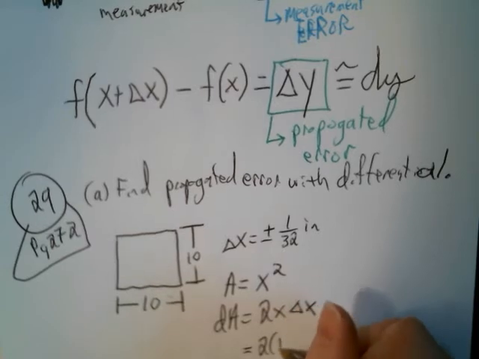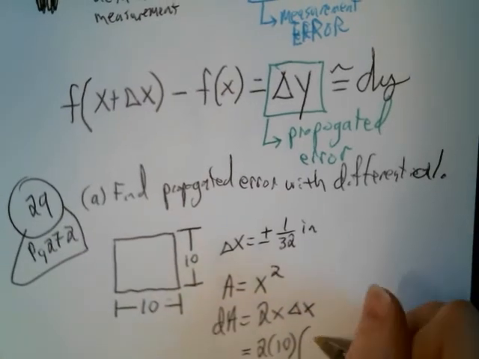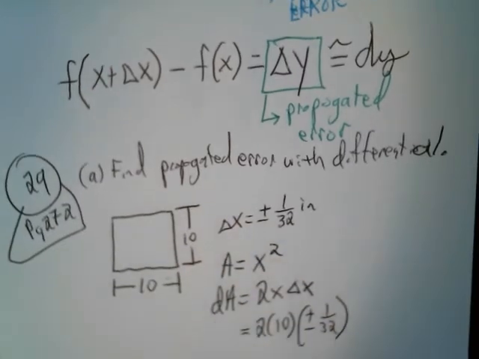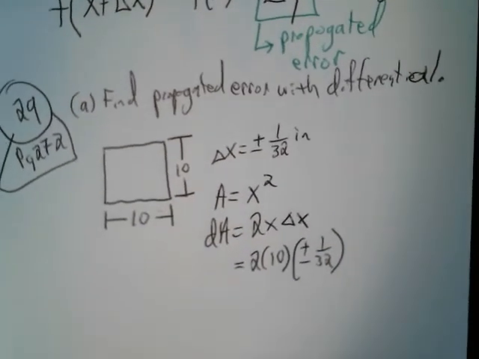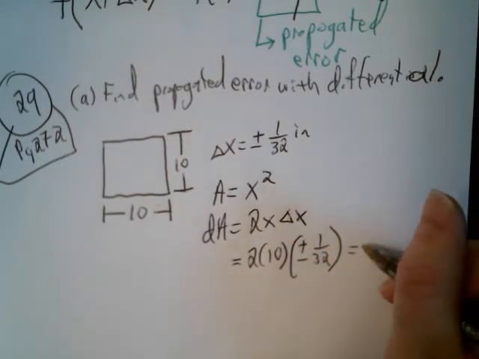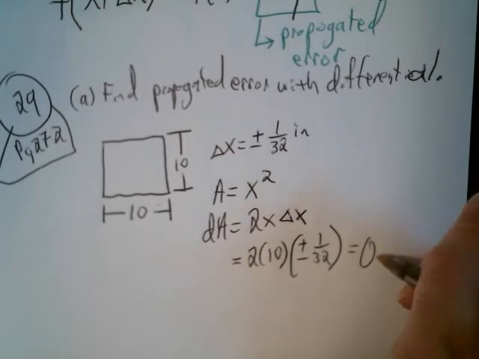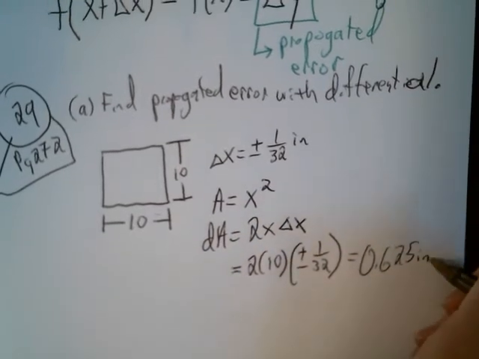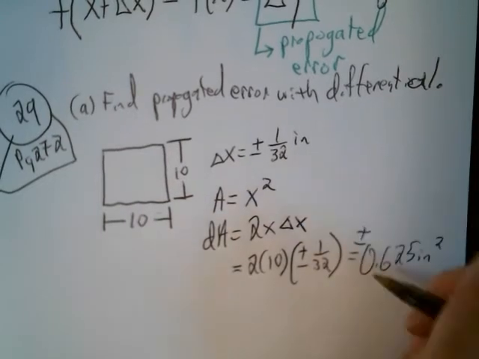So we got 2 times 10 times the delta x, which is plus or minus 1/32. And then we'll multiply this together and get, well, not approximately, but 0.625 inches squared, plus or minus.